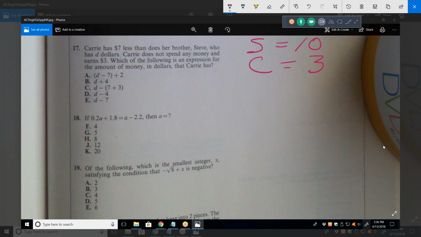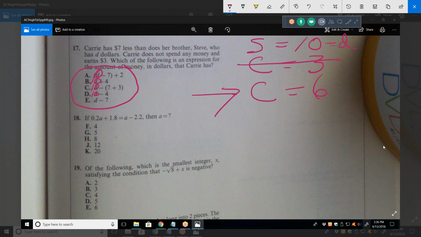Now Carrie earns 3. So Carrie now has 6. So which expression is going to equal the number 6 whenever I let D be 10, which is the amount that Steve has? If I fill in 10 for D, which answer is equal to 6?